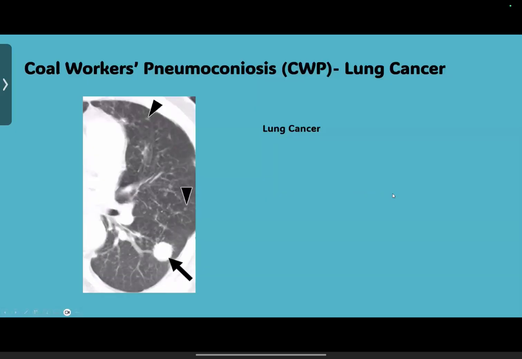Also, these give rise to lung cancer, as you can see here. The interesting thing about this, even though it's very rounded, is there are spiculated margins, more consistent with malignancy.